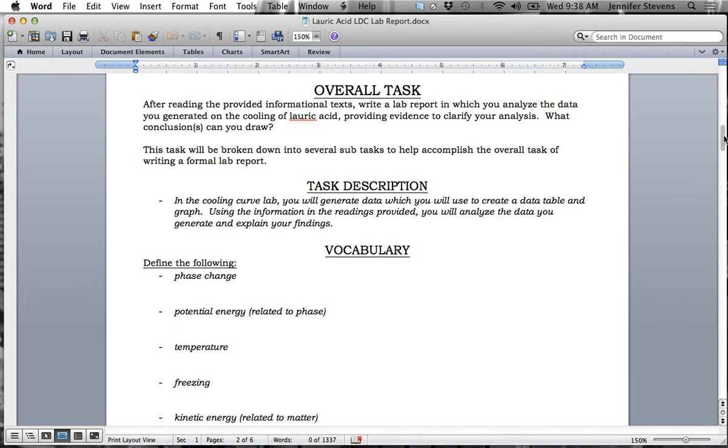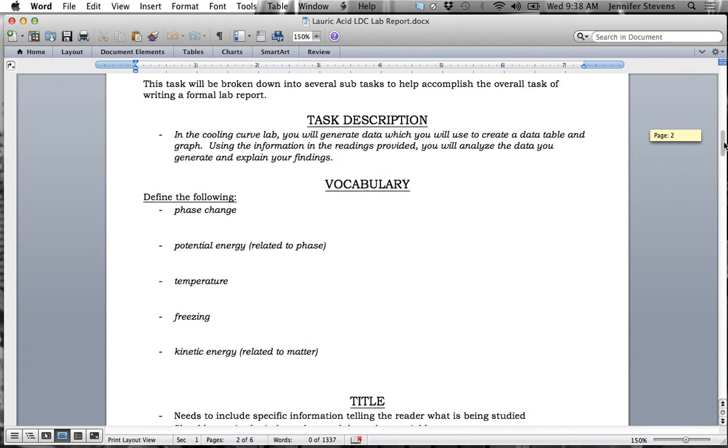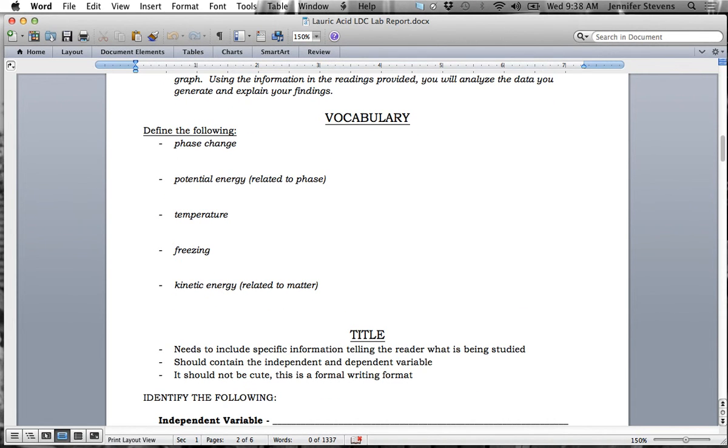Okay, so in order to do that, we do need to cue in on some key vocabulary. And this key vocabulary, these 5 words, are actually things that we covered in our notes. My expectation with your vocabulary is that I should see the definitions here in your writer's notebook, but it's not so much that I need to see the definitions in your lab report.